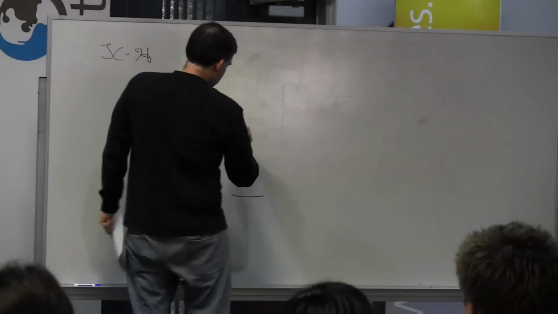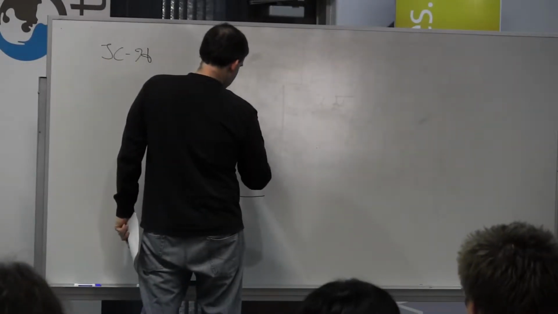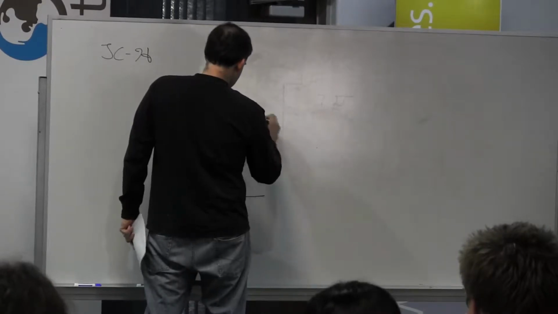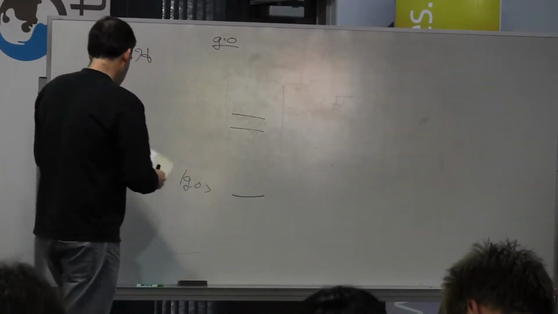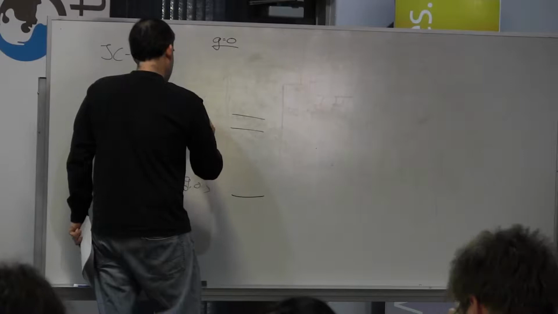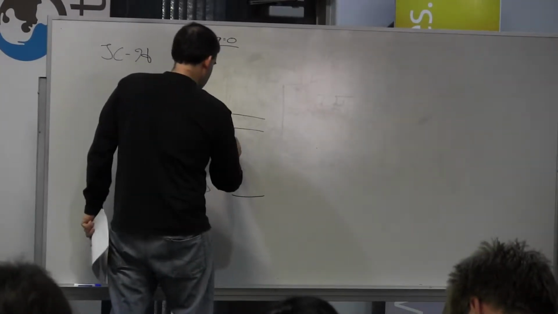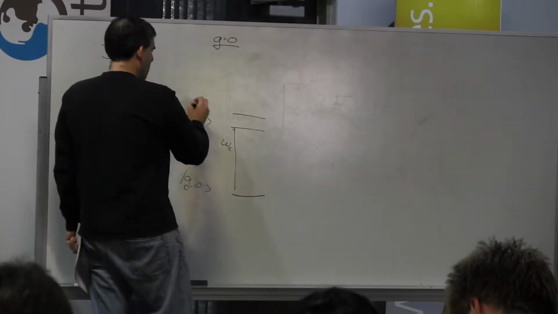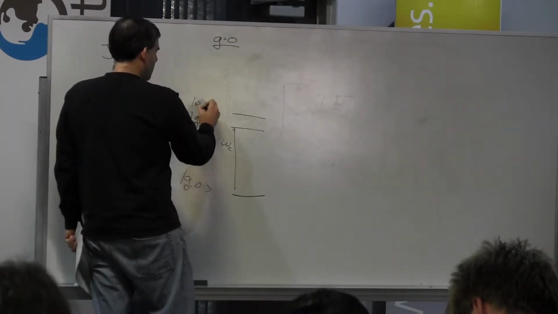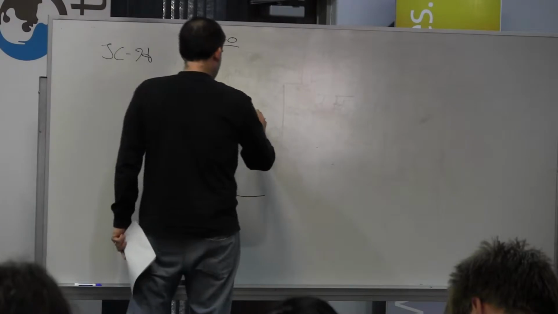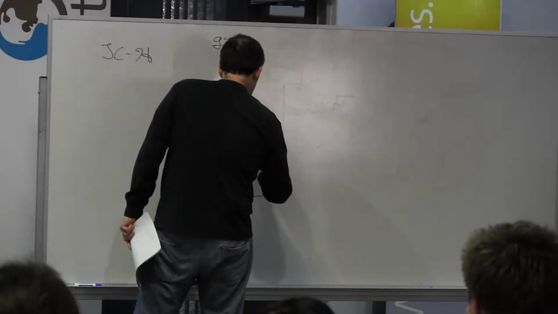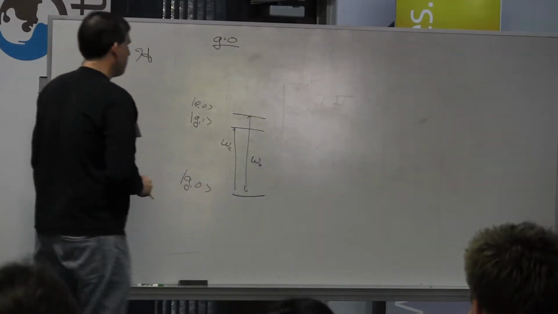And then there'll be a pair of near-degenerate states, which are either the atom in the ground state and there being one photon in the system, where that's the cavity frequency, or the atom being in the excited state and the cavity being empty. So that's the atomic resonance frequency.